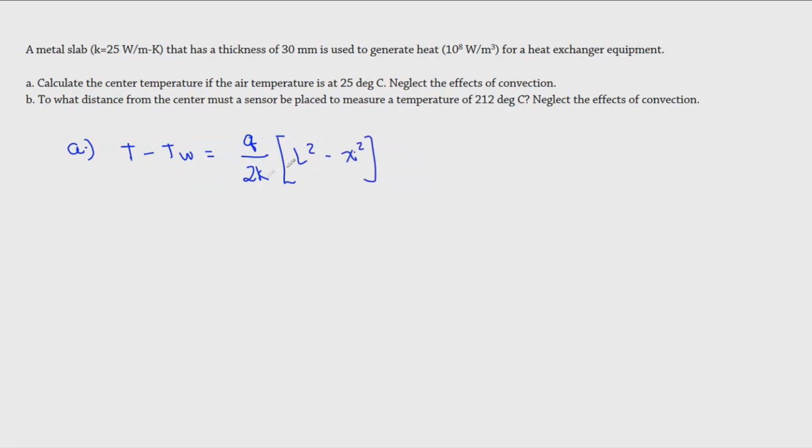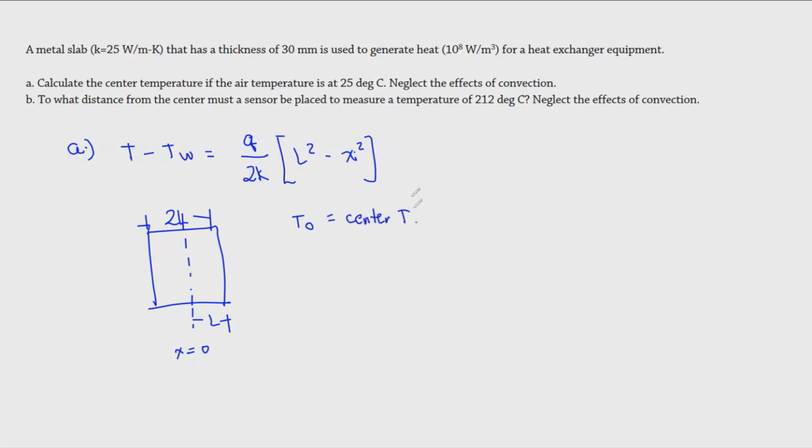Okay, so this is our general equation. Let's draw a figure so that we might not get confused. X here is equal to 0, and this is what we call L. The total thickness of this slab would be 2L. I need to find the center temperature, and we've mentioned before that the center temperature is equal to TO.